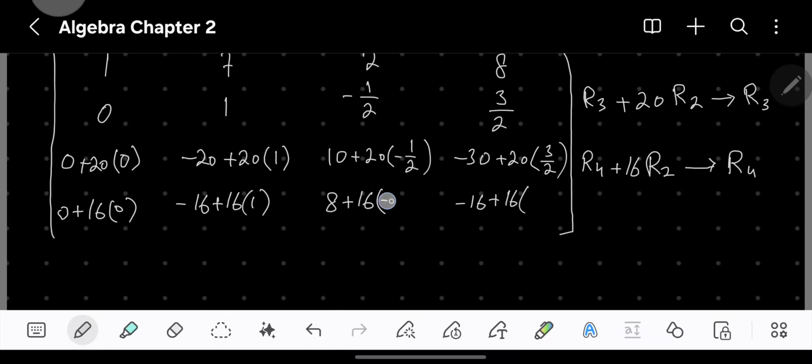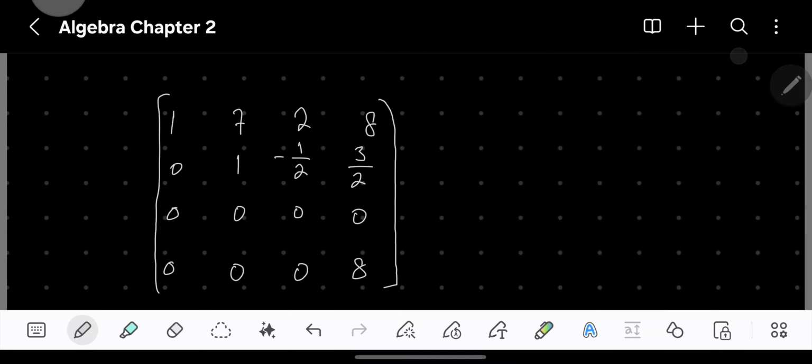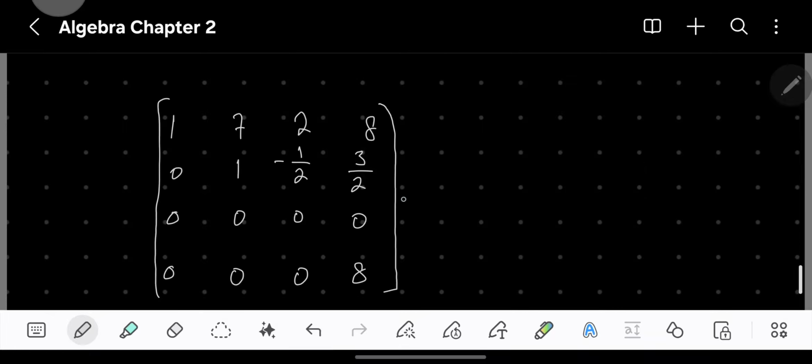If I simplify these values, I will end up with this matrix.